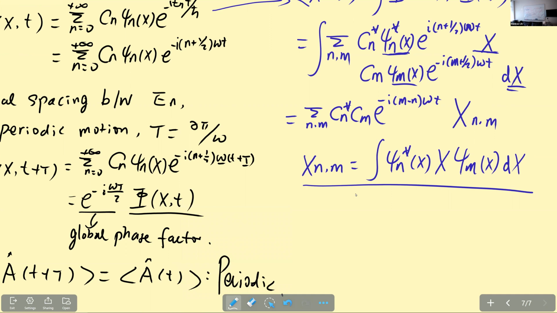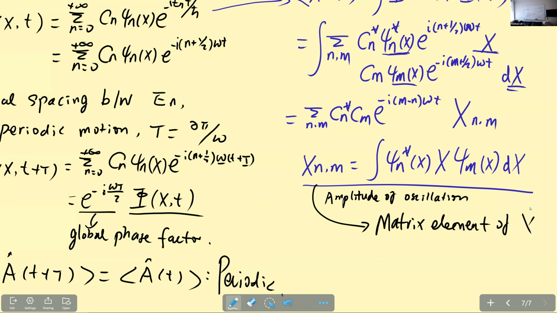This one actually determines the amplitude. We call this one the matrix element. Right.